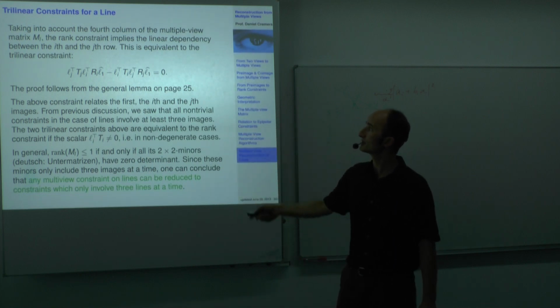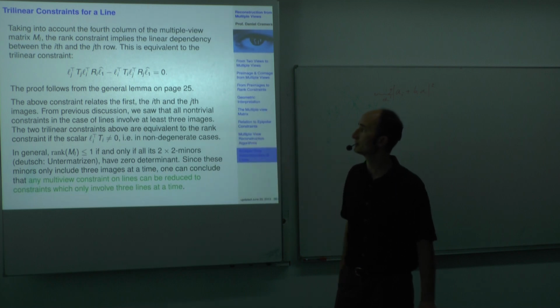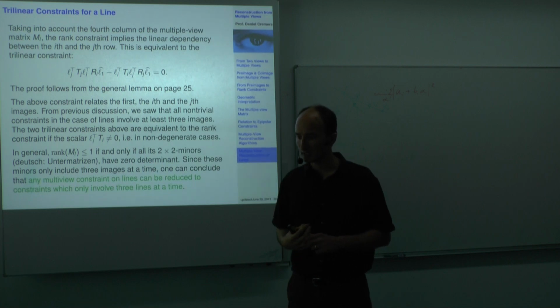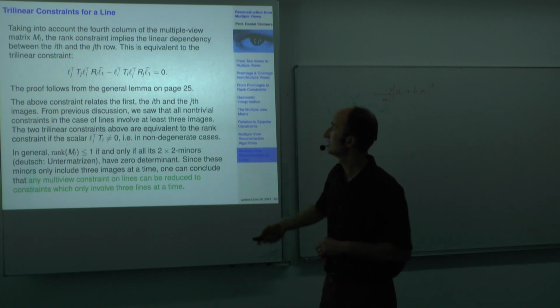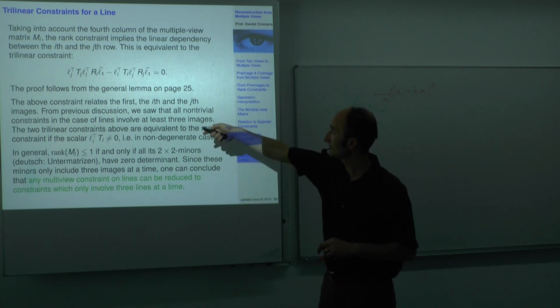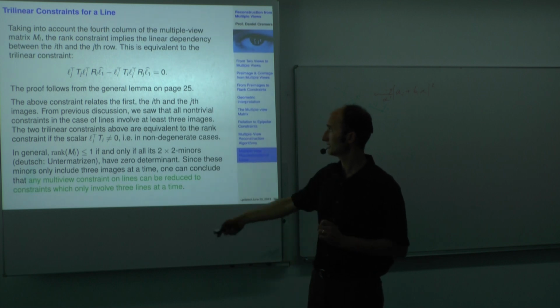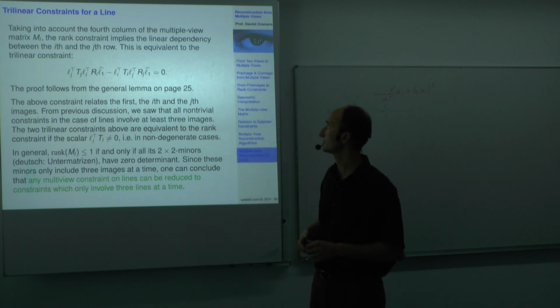And so this constraint is, like the previous one, a so-called trilinear constraint because it depends on three parameters. Here you see Lj, Li, and L1. That's why it's called a trilinear constraint.